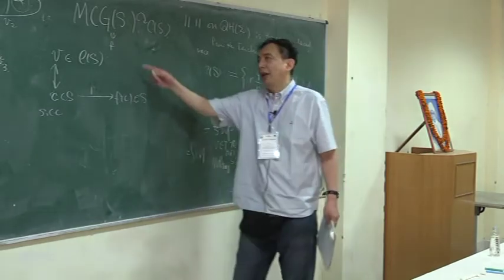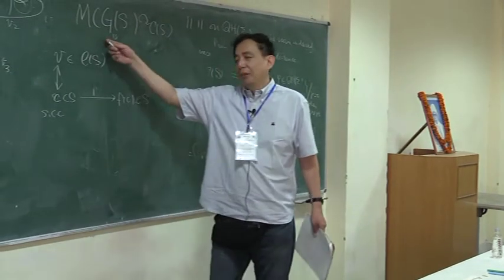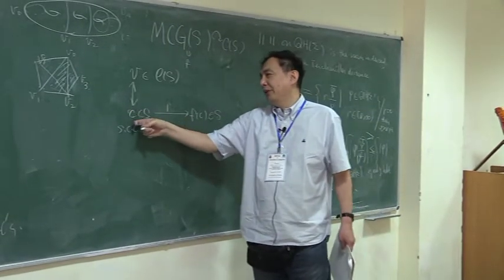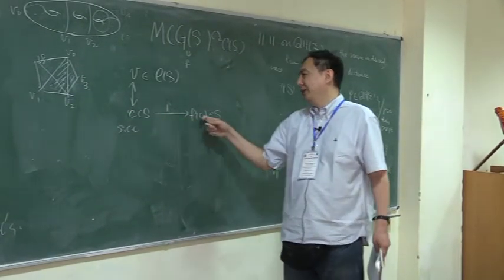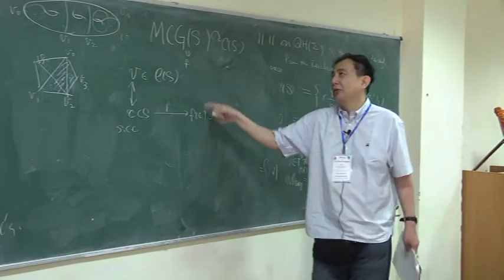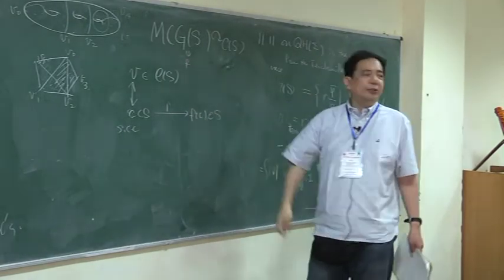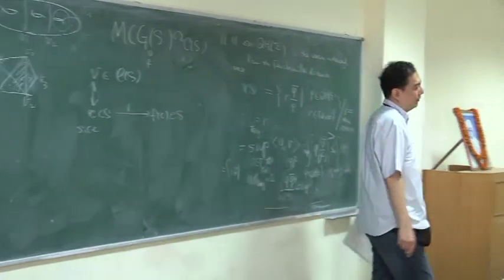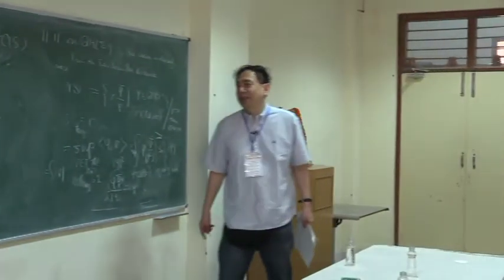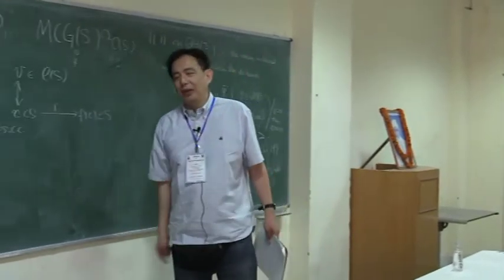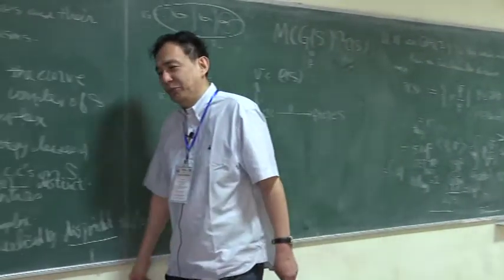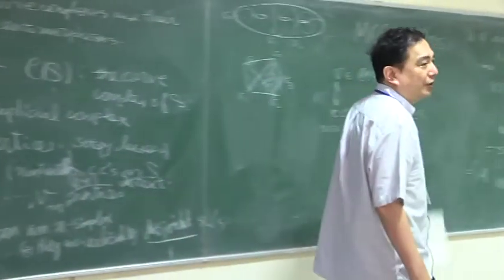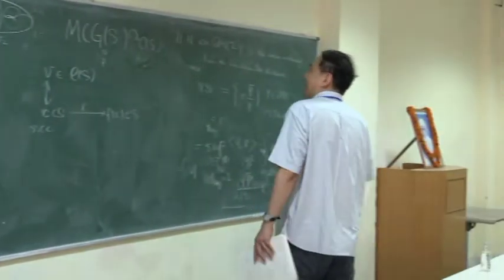So only the isotopy classes matter. If two curves are isotopic, then their images should be isotopic, and also if f is isotopic to another map, then this curve is isotopic to that one. So this can be defined in a good way, and this gives an action of the mapping class group on C(S).